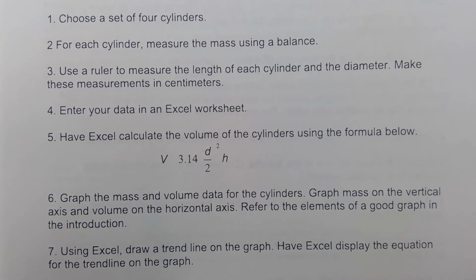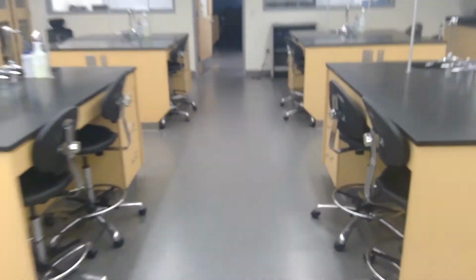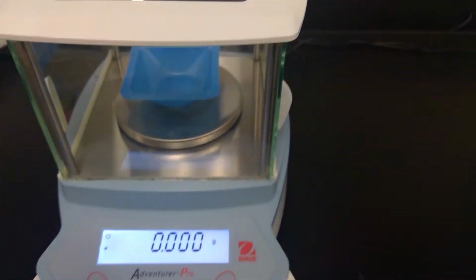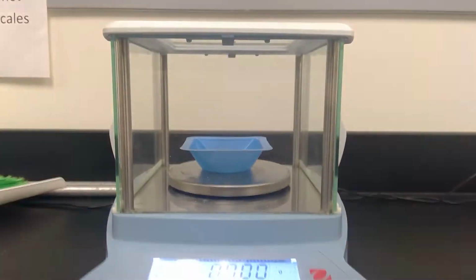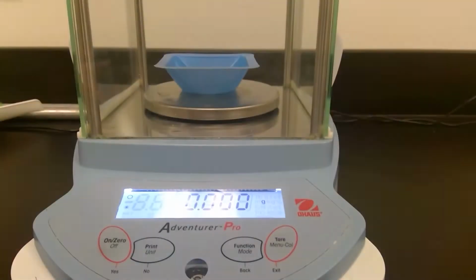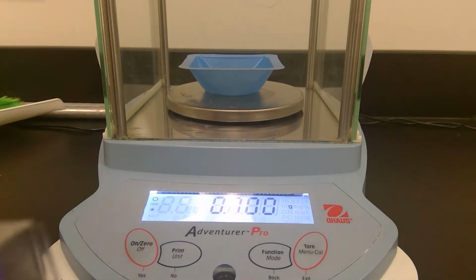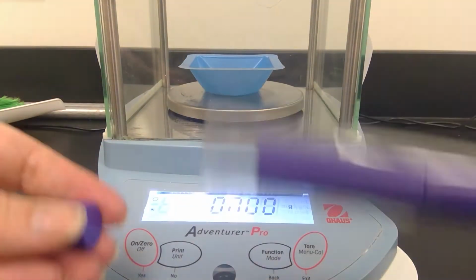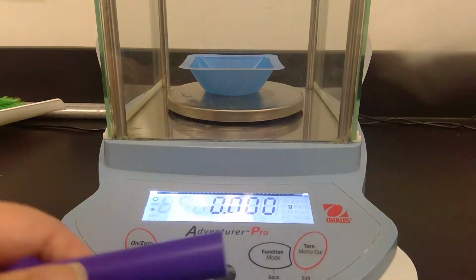So for each cylinder, measure the mass using a balance. So we'll go over to the equipment room. And then inside of this there's 4 different pieces.